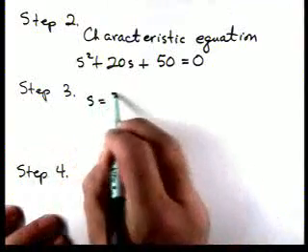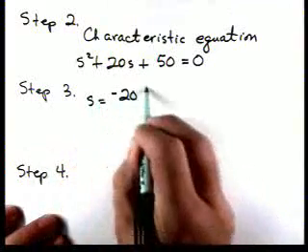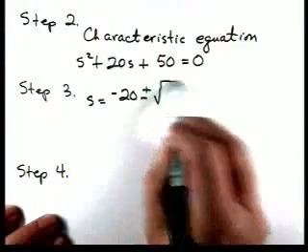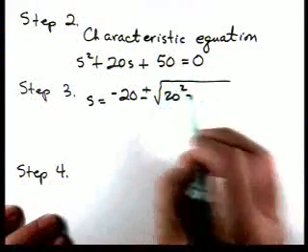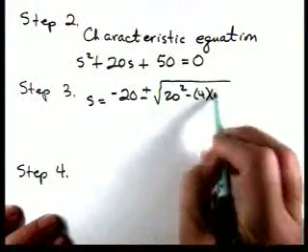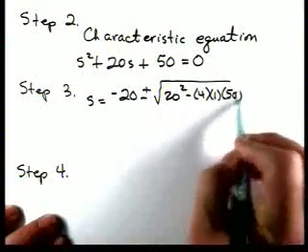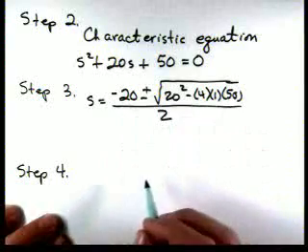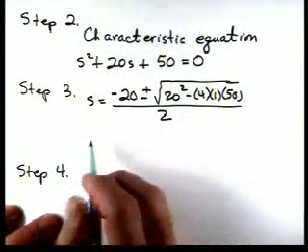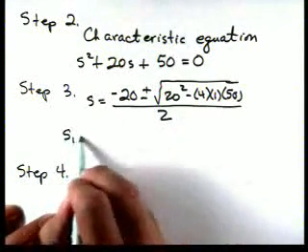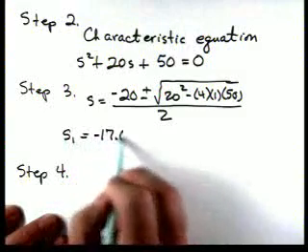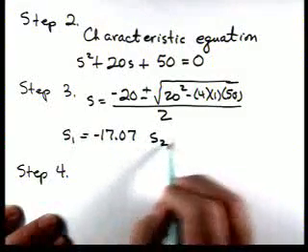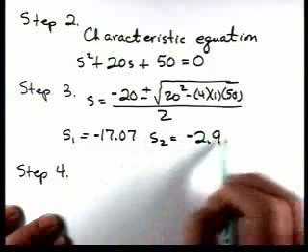If we use the quadratic equation, minus 20 plus or minus the square root of 20 squared minus 4 times 1 times 50, over 2. And our roots become S1 is equal to minus 17.07 and S2 is equal to minus 2.93.